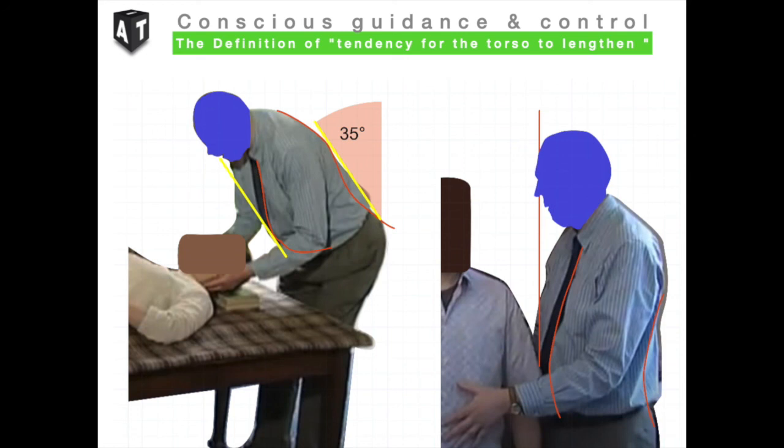Well, the only way not to convey conscious guidance and control, because that gentleman has been trained, he has received I don't know how many lessons. I am not blaming this person in particular or any other. I'm just saying that when I look at this, I can tell that the habit of having the upper chest, the front of the rib cage, unduly lifted is present in every single movement he's making when touching the pupils. So his conception of lengthening the back is not the same as the conception of Alexander.